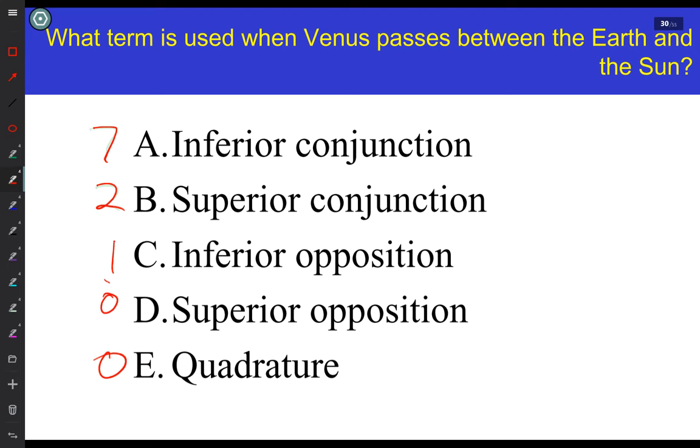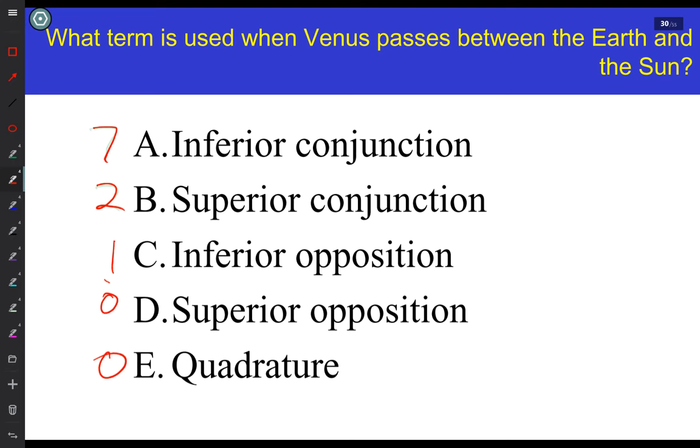You chose inferior conjunction? And why did you choose that? Because Venus is in the inferior set of planets. Okay, it's an inferior planet, so it can't have an opposition, right? And it's not on the other side of the sun.